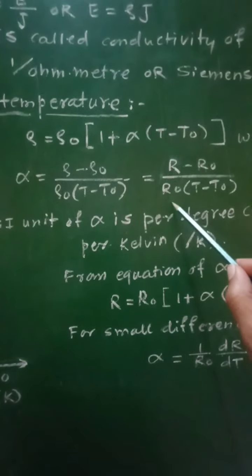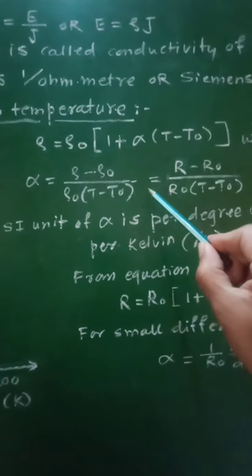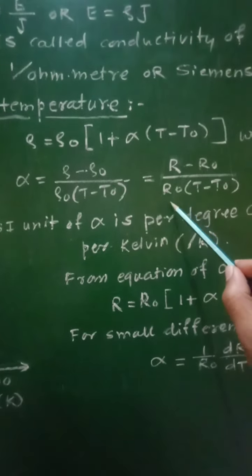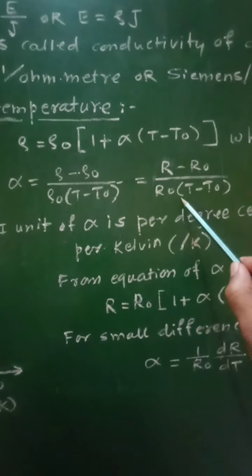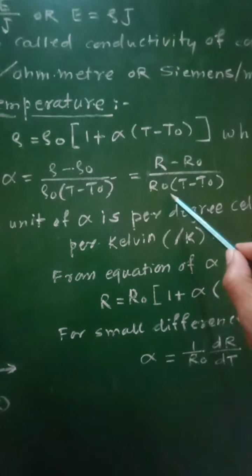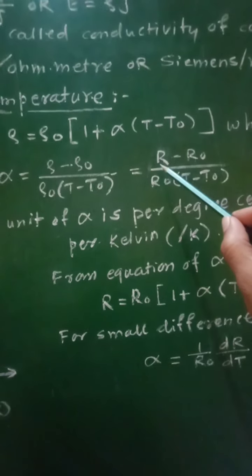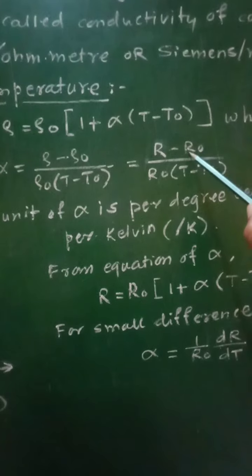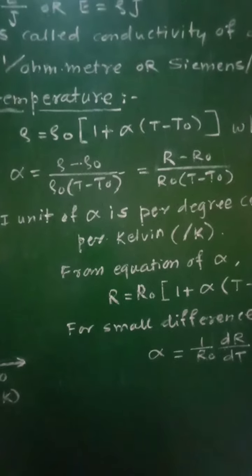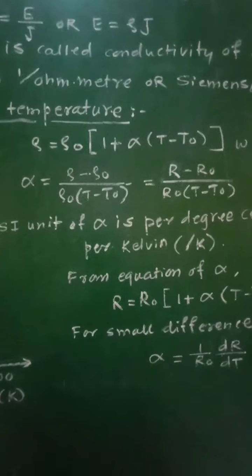So the temperature coefficient of resistance alpha is defined as the increase in resistance per unit original resistance at the chosen reference temperature per degree rise in temperature, that is, alpha is equal to R minus R0 upon R0 into T minus T0. Here R is the final resistance at temperature T, and R0 is the initial resistance at temperature T0.